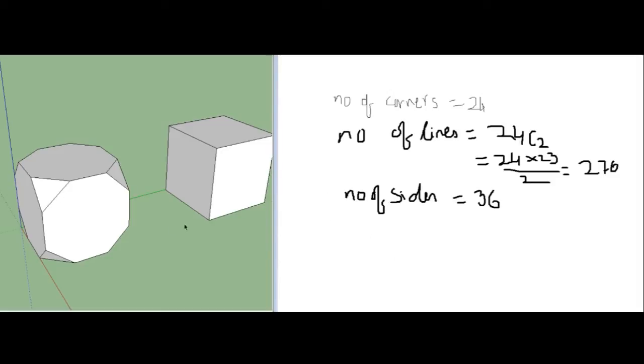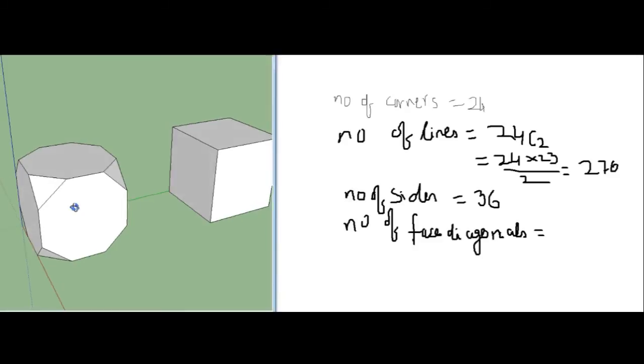The other lines to exclude are the diagonals of the faces. So how many face diagonals are there?